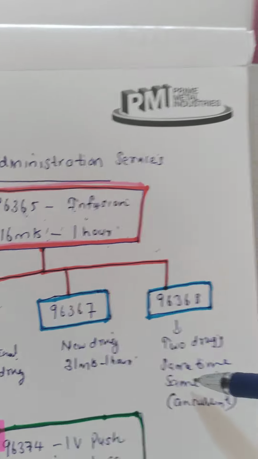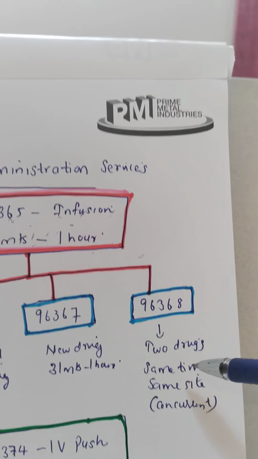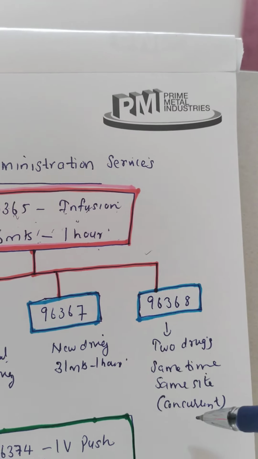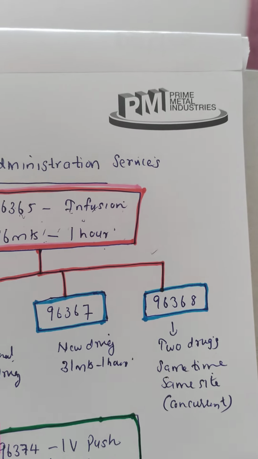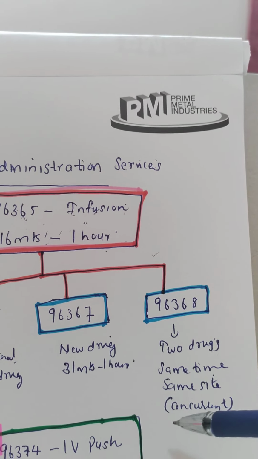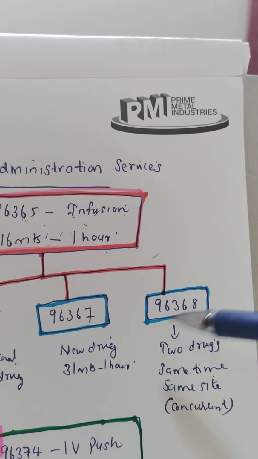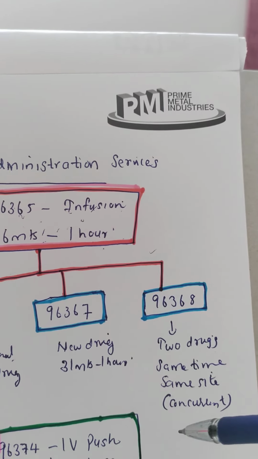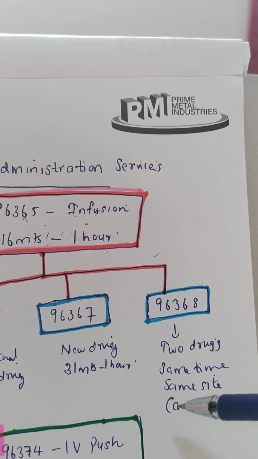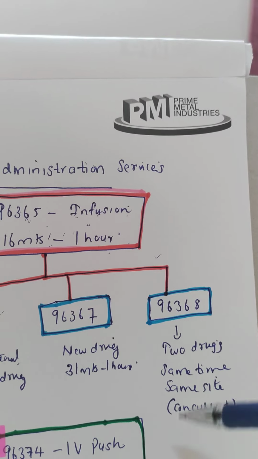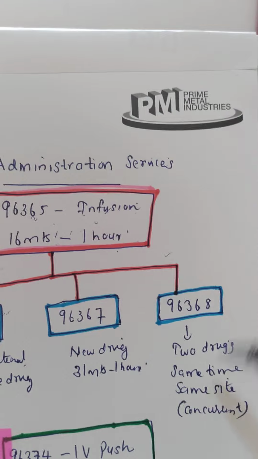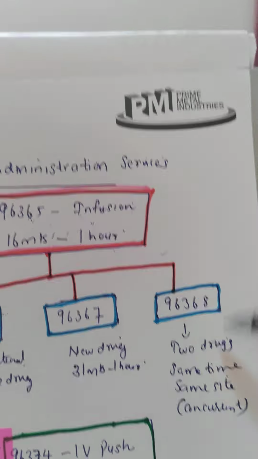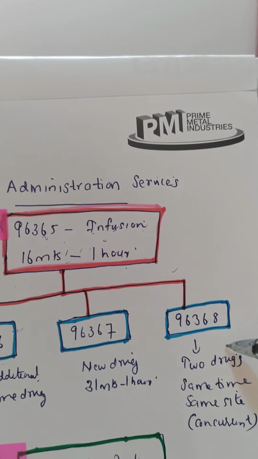And if there are two drugs started at the same time, one parafusive and another drug, Panadol or like that, both administered through IV, both starting at 1:30 a.m. and finishing at 3 a.m., both running parallel to each other at the same time, so two different drugs, you should use the code 96368.